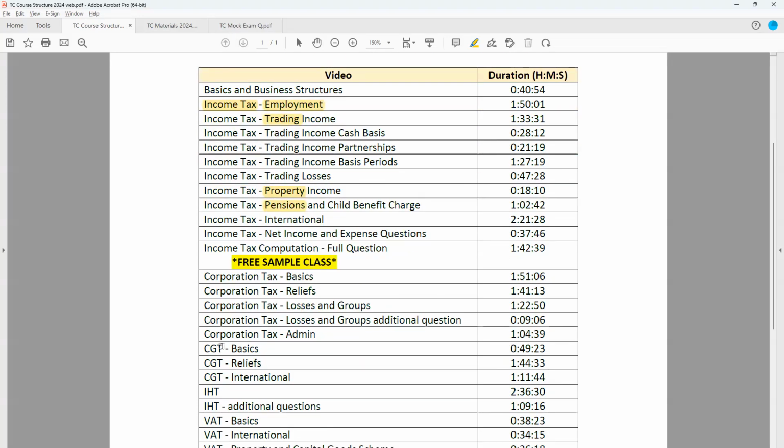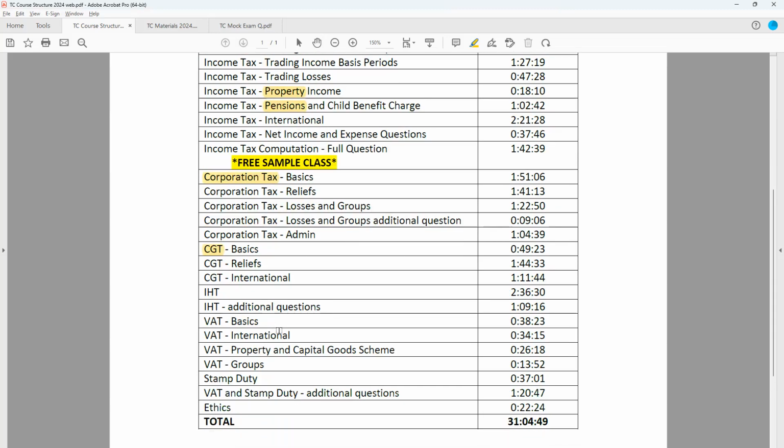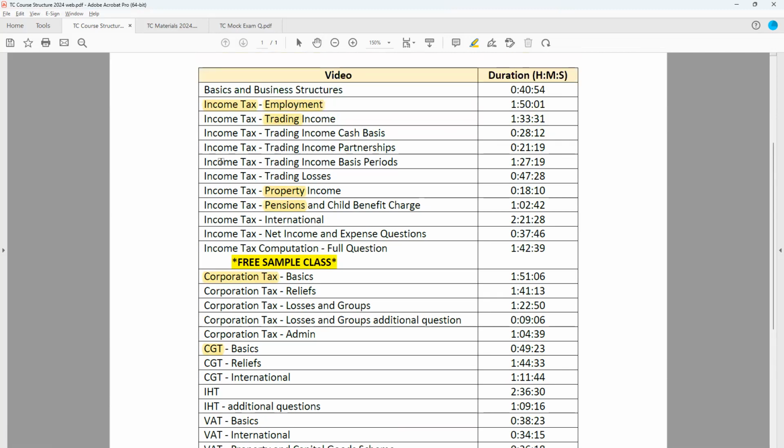So you can see with CGT, for example, basics, reliefs, and international aspects. Corporation tax, basics, reliefs, losses in groups, and then admin as a separate part. VAT, basics, international, capital goods schemes, groups, etc. So you can take each tax and then break it down into smaller topics and smaller question types as well.